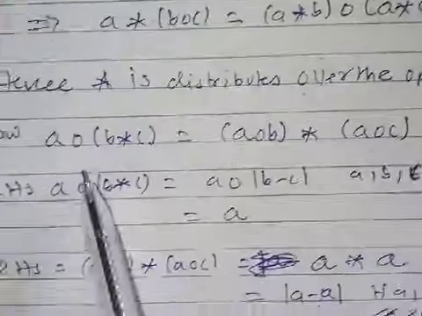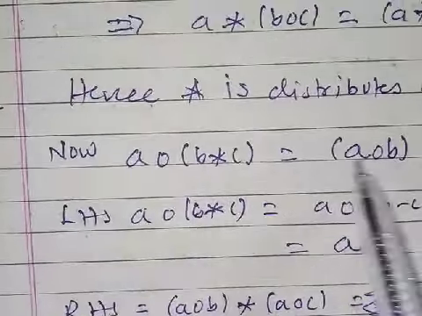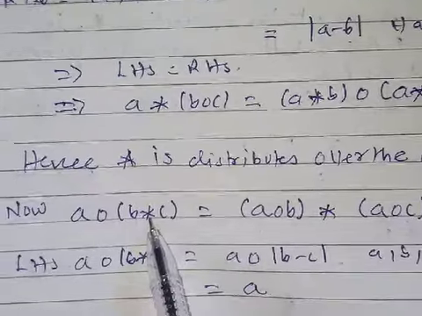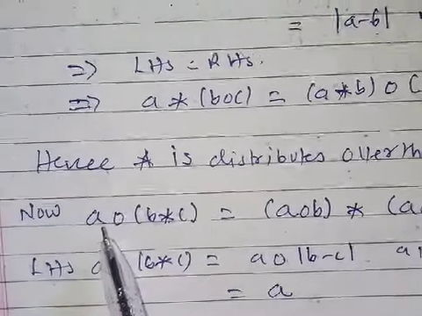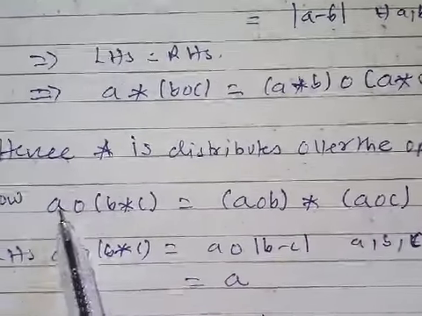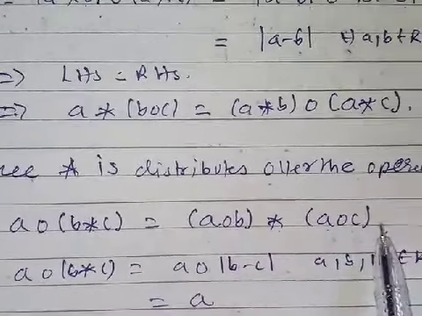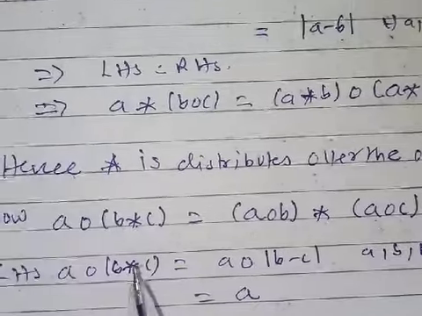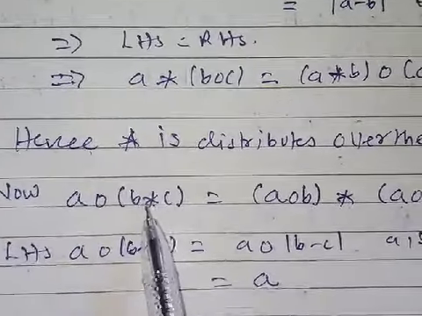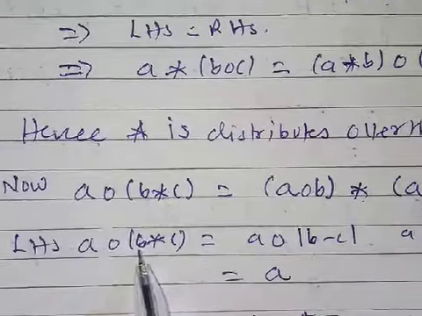Now we have to prove that O is distributive over the operation star. So we'll check A O (B star C) equals (A O B) star (A O C). Let's check the LHS: A O (B star C).